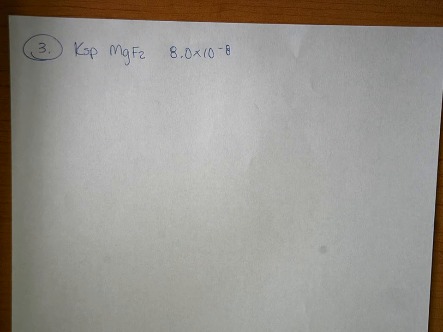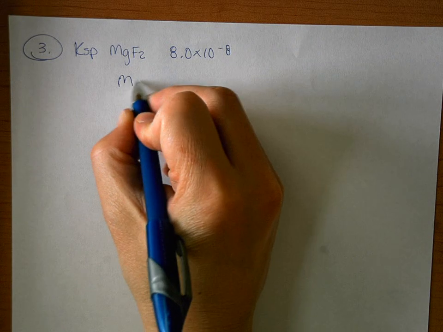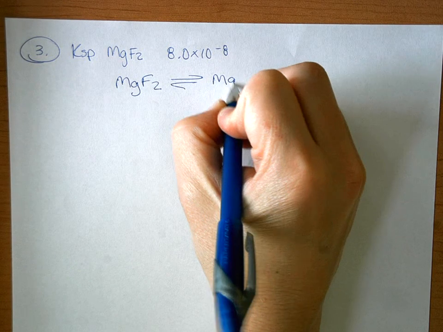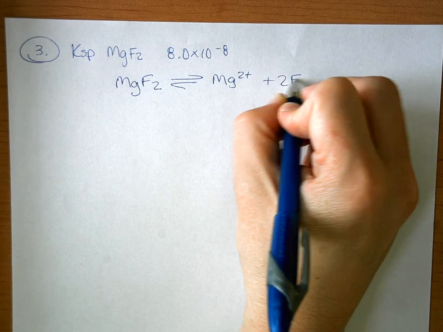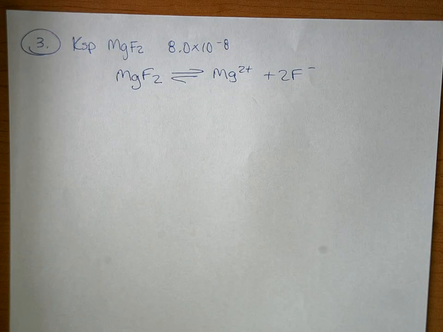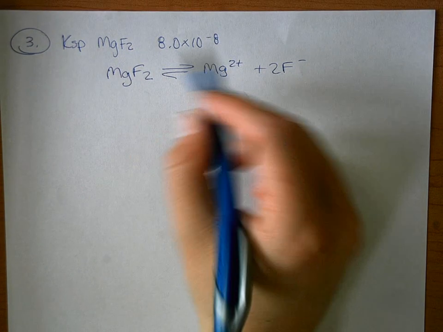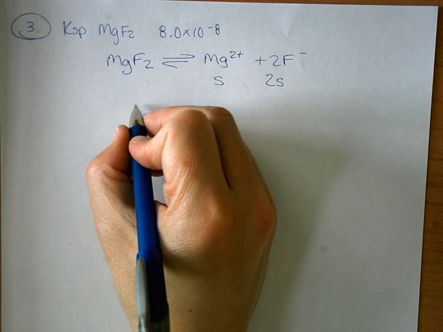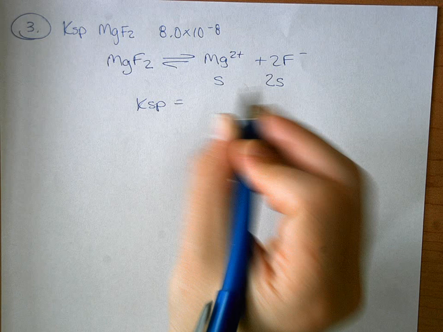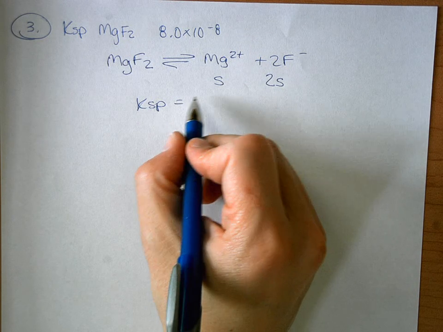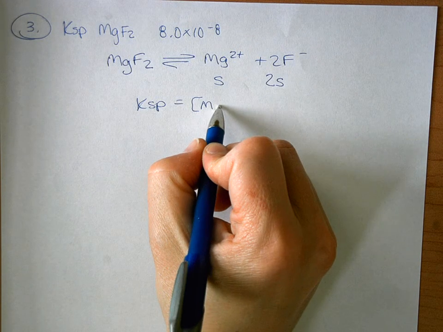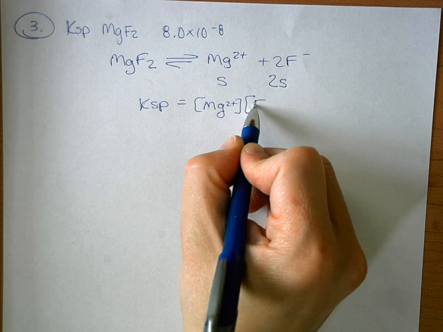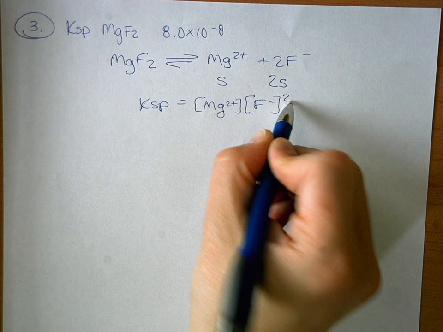So the molar solubility, if I write out the dissociation of that, I'd get magnesium ions and fluoride ions, and it would dissociate into S and 2S. My Ksp is equal to my concentration of magnesium multiplied by my concentration of fluoride squared.